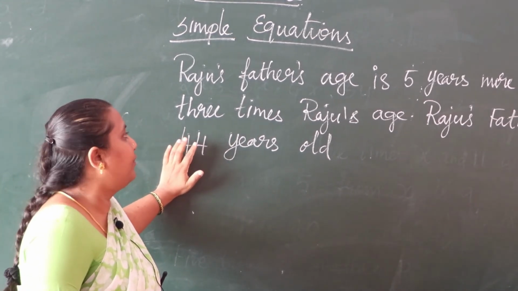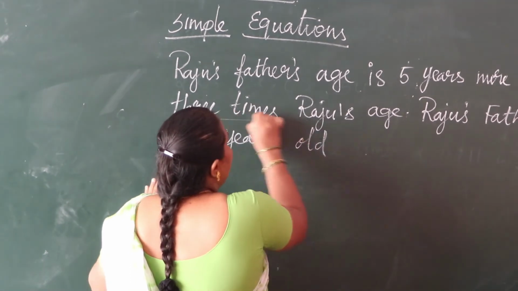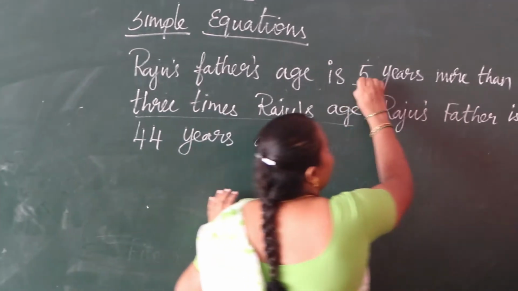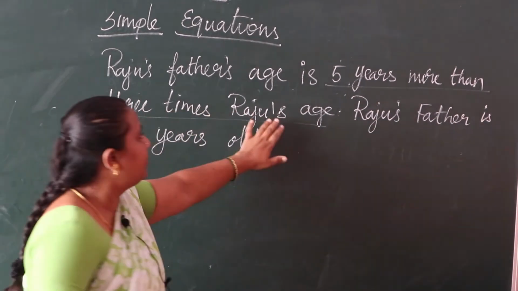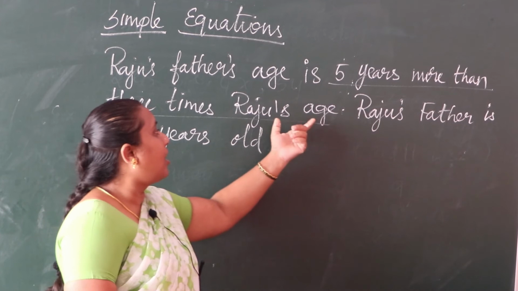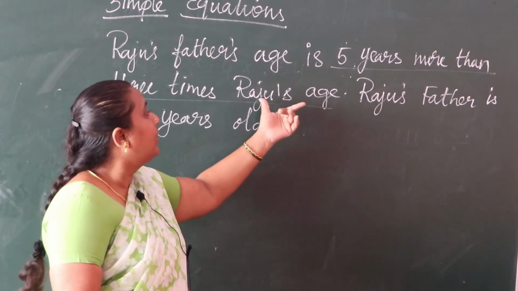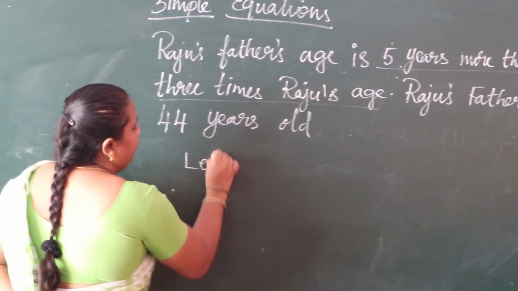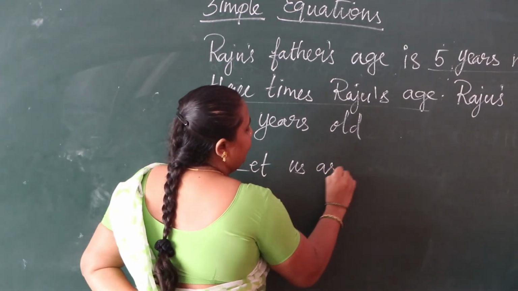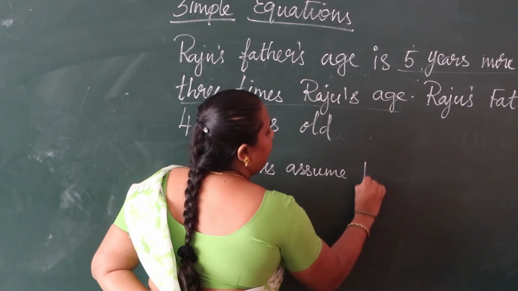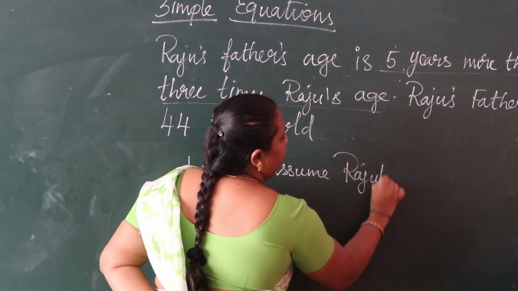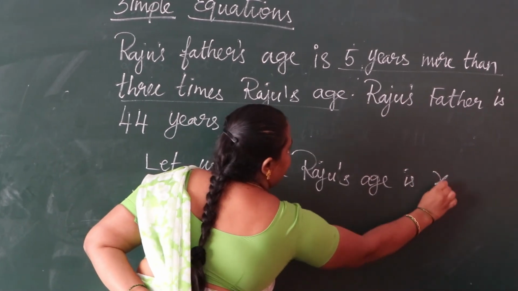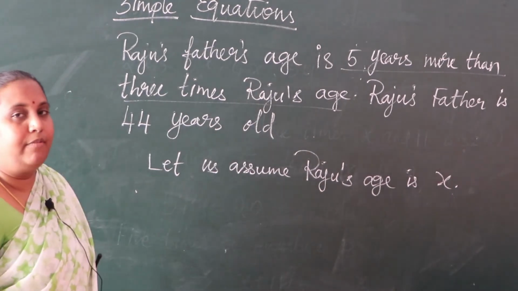How to write it? First we should take 3 times Raju's age, that is 5 years more than 3 times Raju's age. So we should write Raju's age. Let us assume Raju's age is x, or any other alphabet, that is a variable.